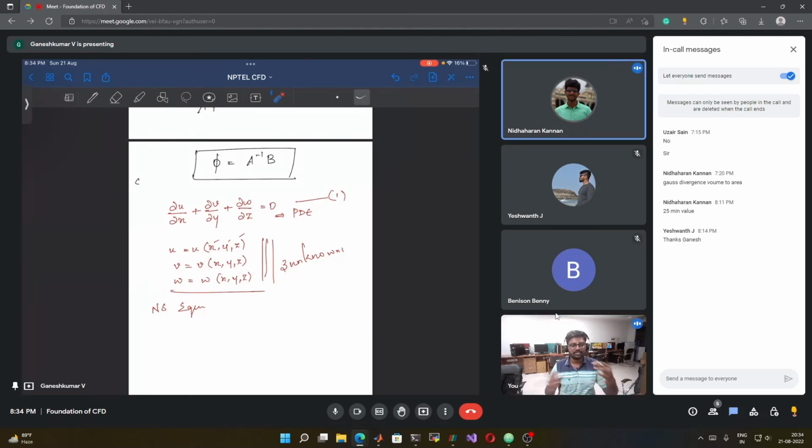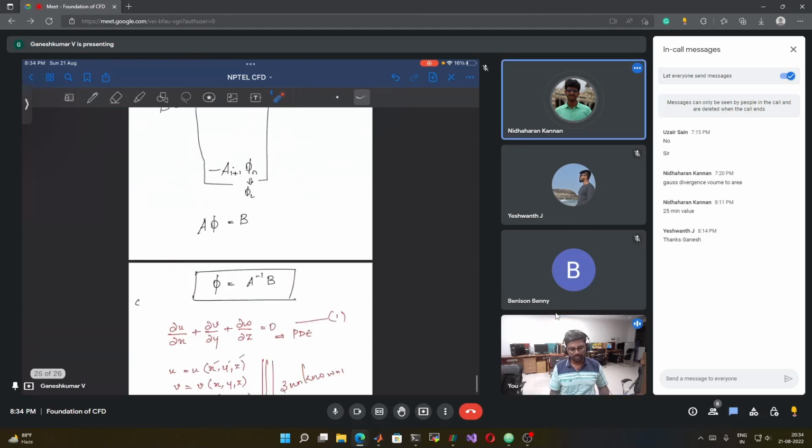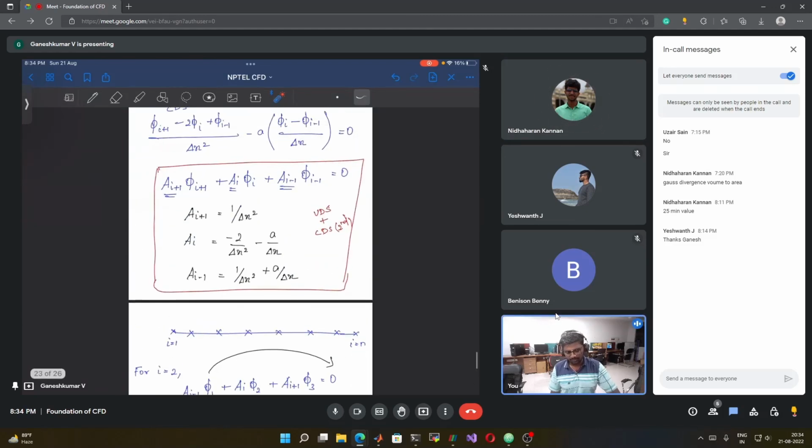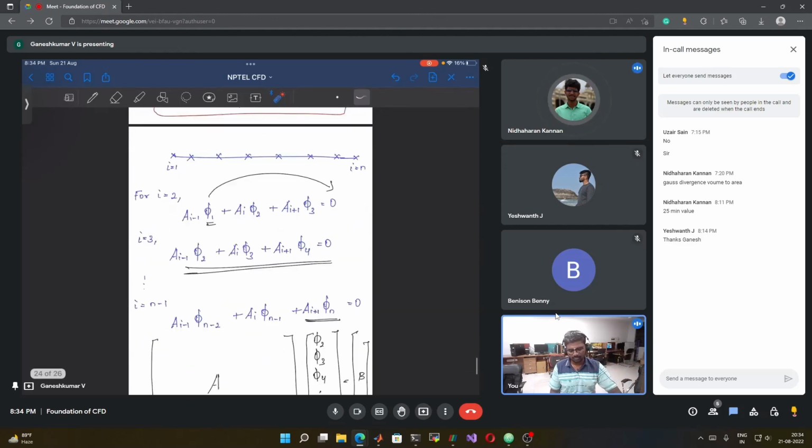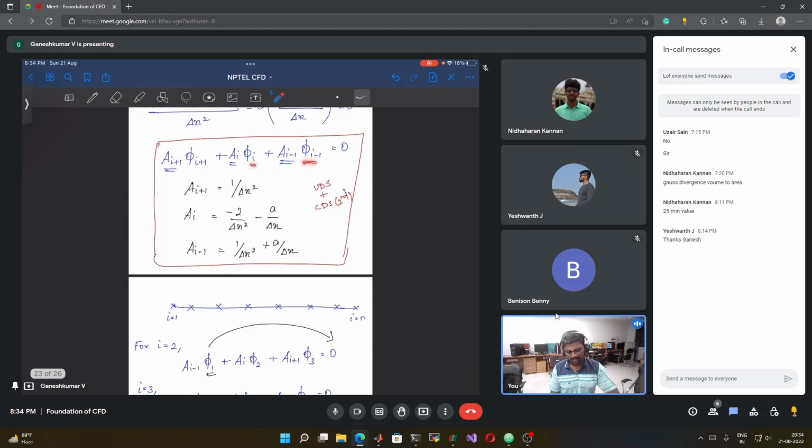If it is a control volume, you do the same thing. The coefficients will be based on the control volume approach. You might have seen that, it will be A east, A west. Here instead of i plus 1 and i minus 1, you will write phi east, phi present and phi west, and the coefficients will vary like AW, AP and AE.